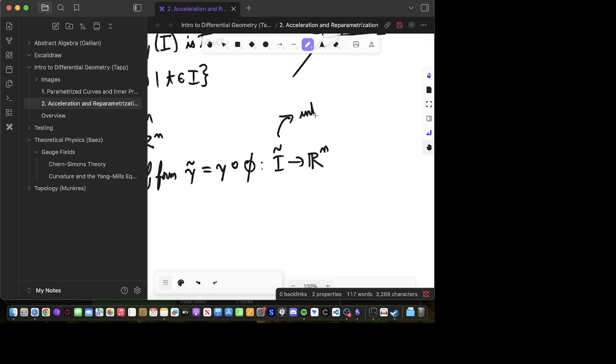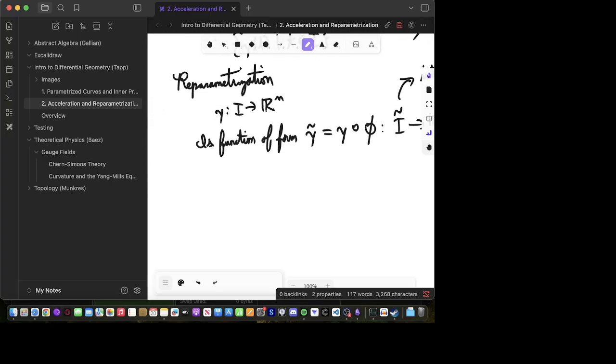This is an interval, and the function phi is a function from our second interval to our first interval.